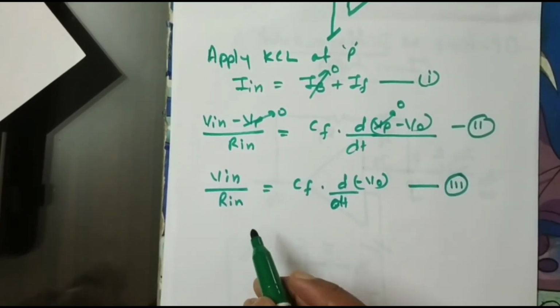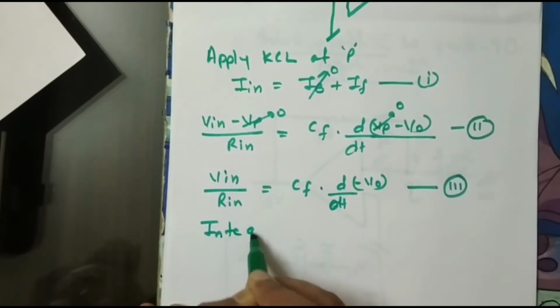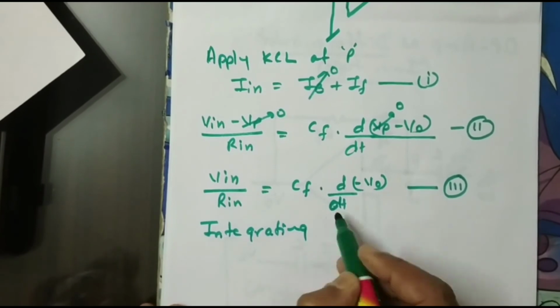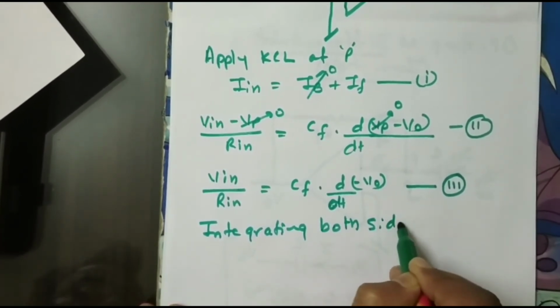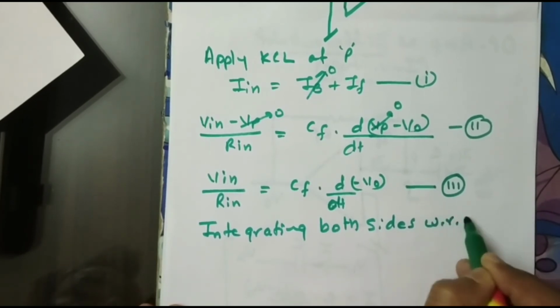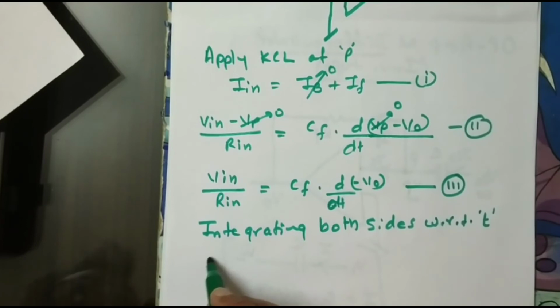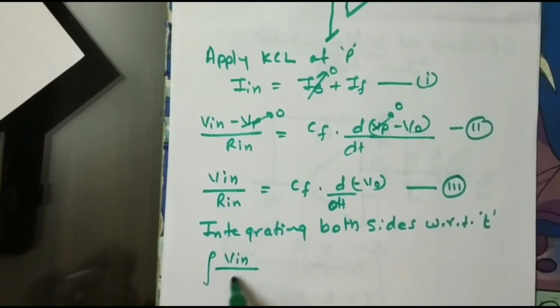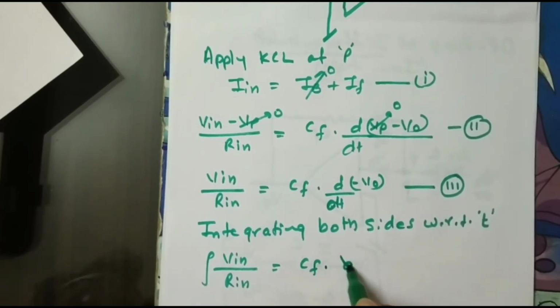Now integrating both sides with respect to t. On integrating both sides with respect to t, it is Vin upon Rin equals to Cf into V0 with negative sign.